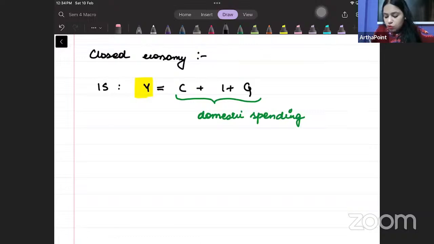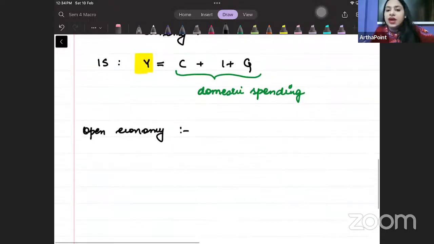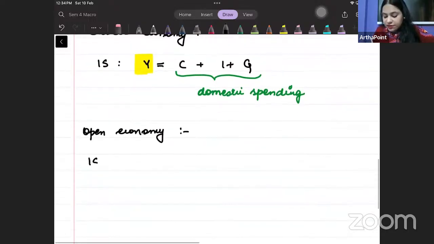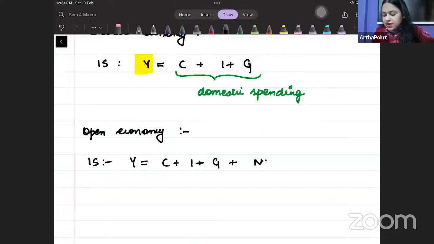But the moment we move to an open economy, for our IS curve, when we find the goods market equilibrium, the equation is y = c + I + g + nx.